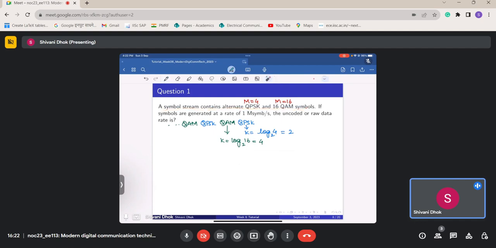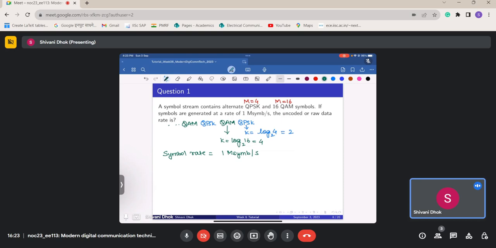Then it is said that symbols are generated at a rate of 1 Mbps. So what we have been given is the symbol rate, 1 mega symbol per second, and we need to find the uncoded or raw data rate.